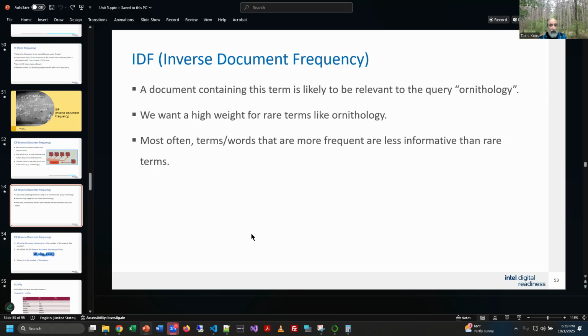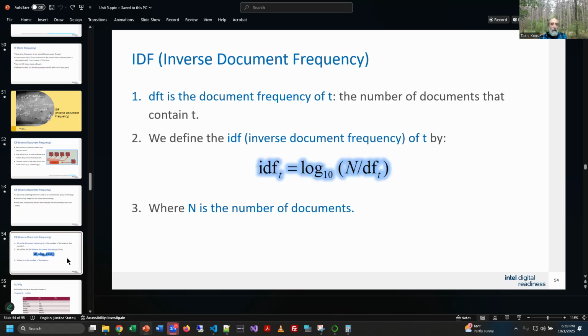And how do we do that? We do that numerically. Most often, words that are more frequent are less informative than rare terms, and stop words are the great example. So document frequency, or the inverse document frequency, is based on the number of documents that contain the term, and we define IDF as the inverse document frequency.